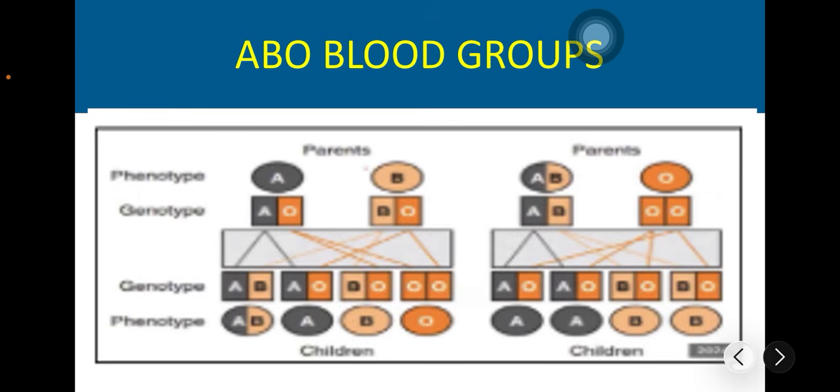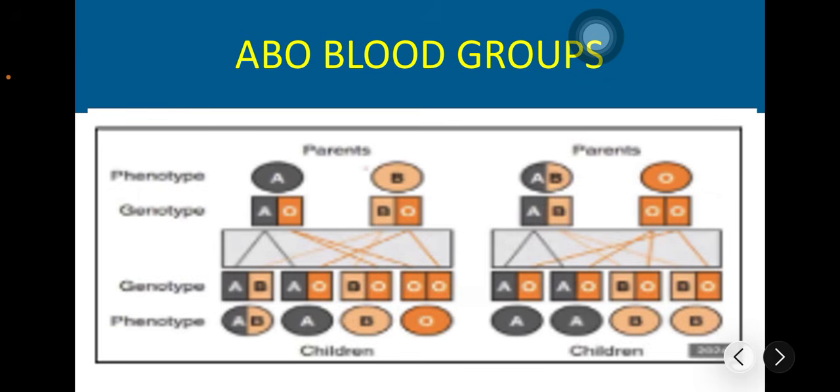So if gene combination takes place to determine the genotype of the offspring, there is a possibility that the offspring could have either AB, AO, BO, or OO. OO is a homozygous genotype, while the rest are heterozygous.